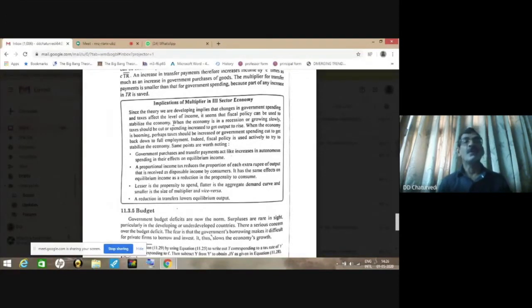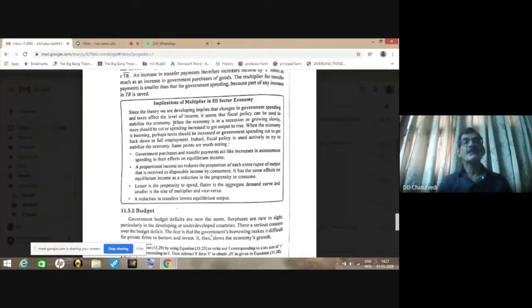But as I've already pointed out, the effect of government purchase is more, but the effect of transfer payment is relatively less, depending upon the marginal propensity to consume. Because whenever the government spends, an equal amount of income is created, because the expenditure by the government becomes a source of income for the people. But when the government provides transfer payments, the effect on income is indirect, depending upon the marginal propensity to consume.